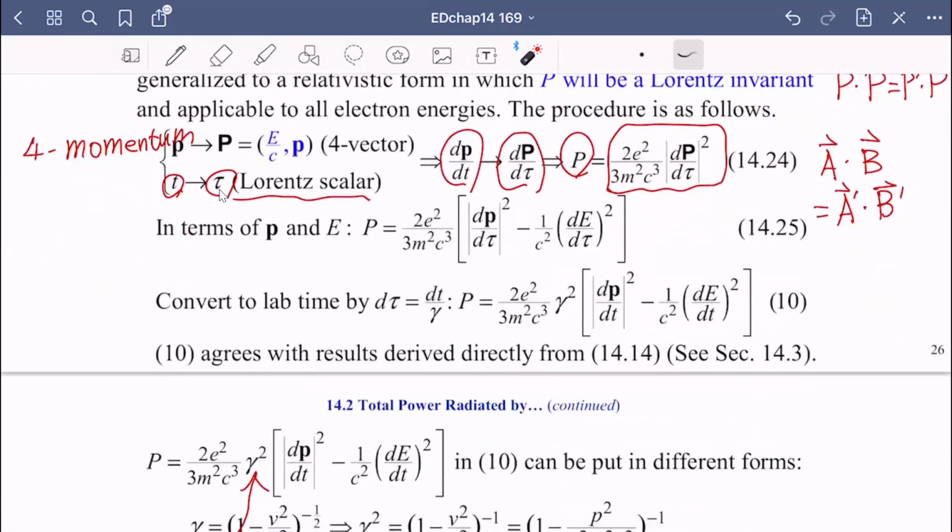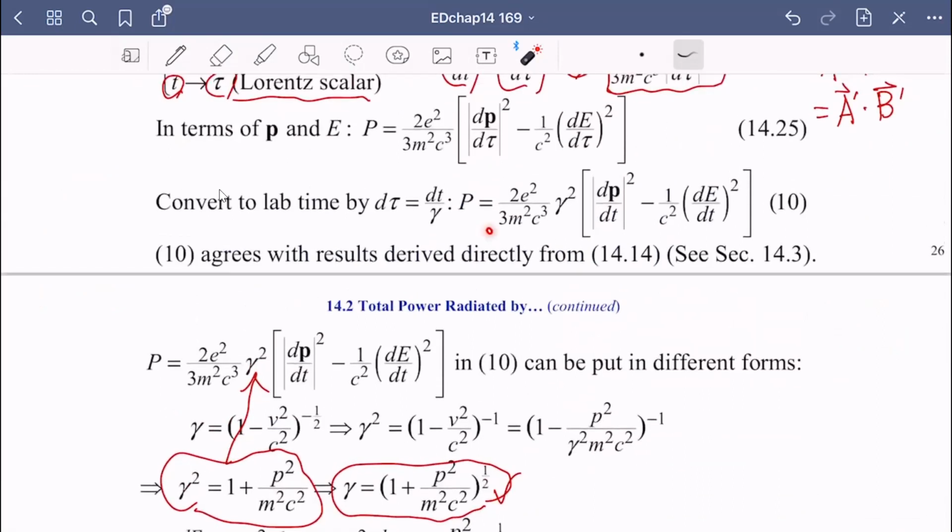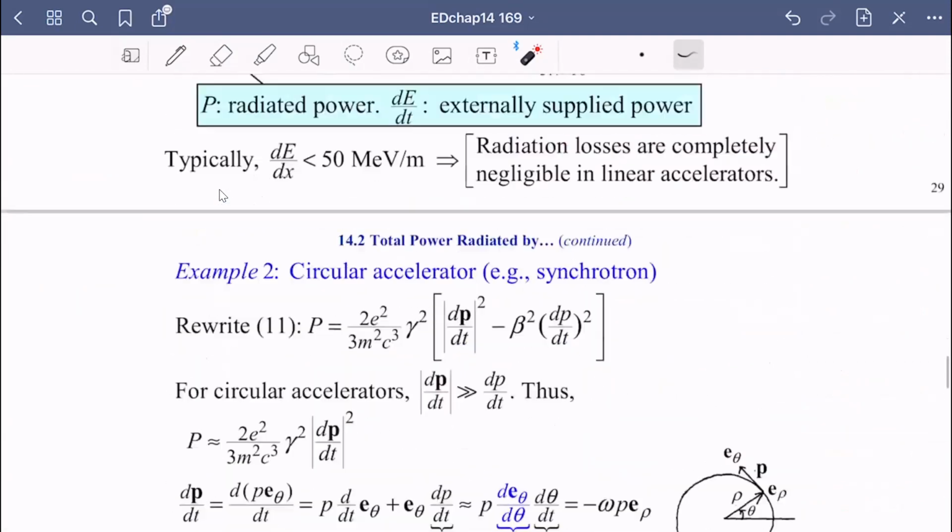And equation 10, this one is related to P and E. So 3 expressions, which one is more convenient? That depends. Let me show you. I will give you some example.